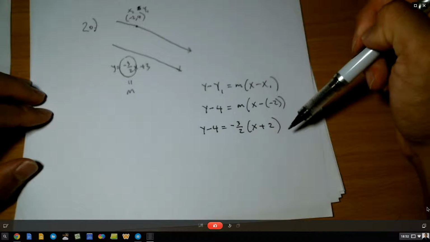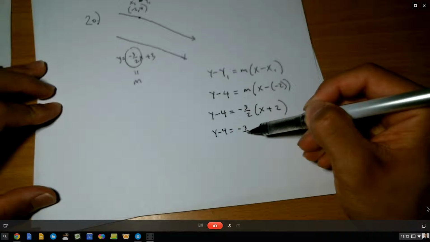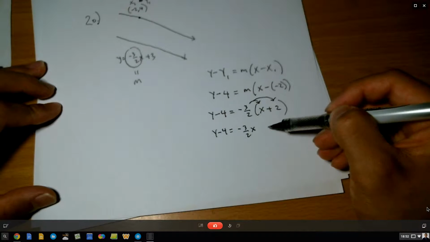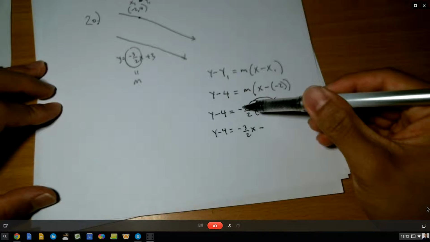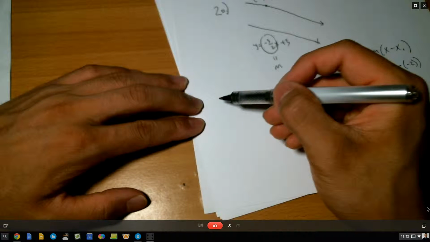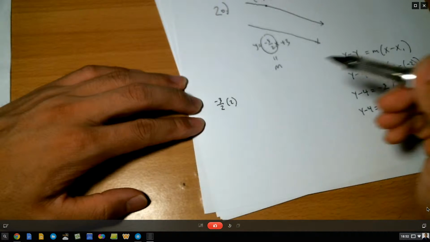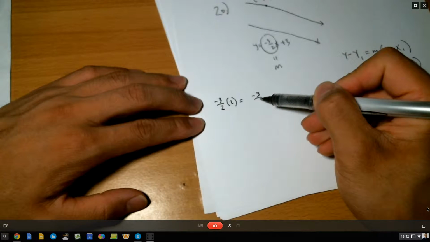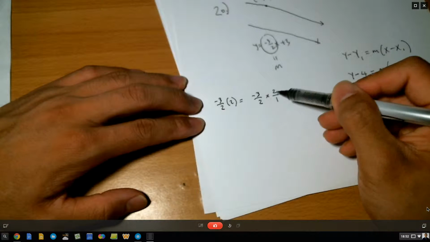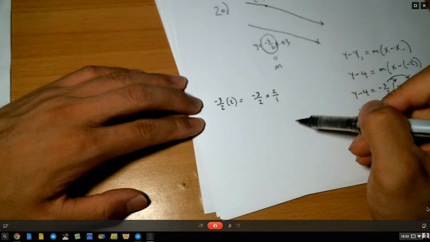Now we can just simplify. So y minus 4 equals -3/2, remember everything gets distributed, x minus, so now here's -3/2 times 2, and I'll do that on the side. -3/2 times 2 is equal to -3/2 times 2/1. Now we could cancel things out, but I'm just going to multiply across and cancel later.